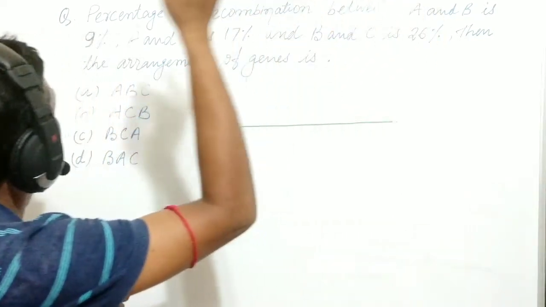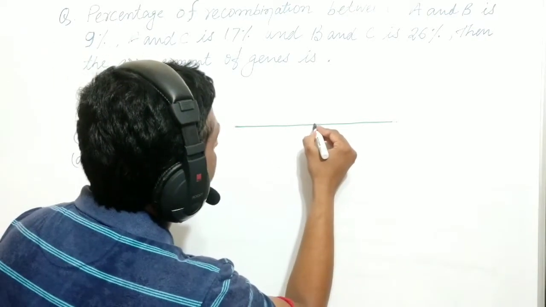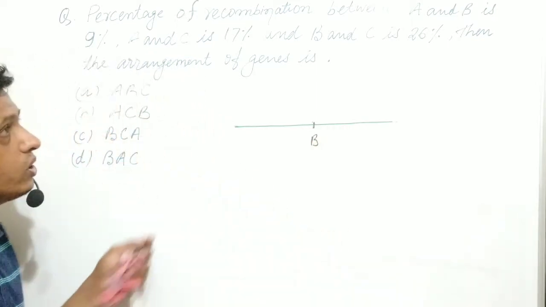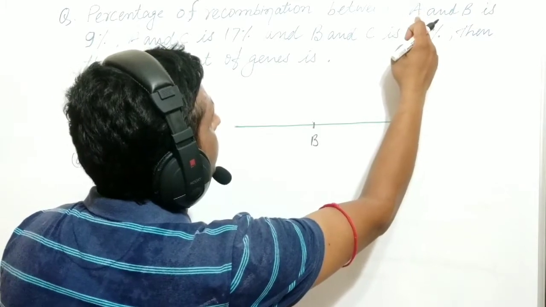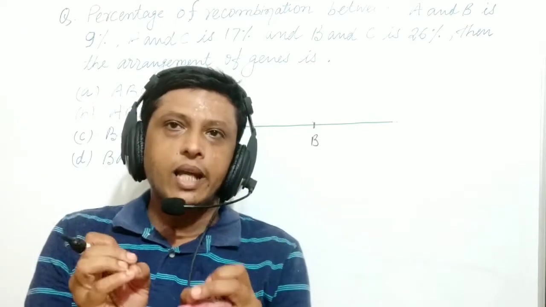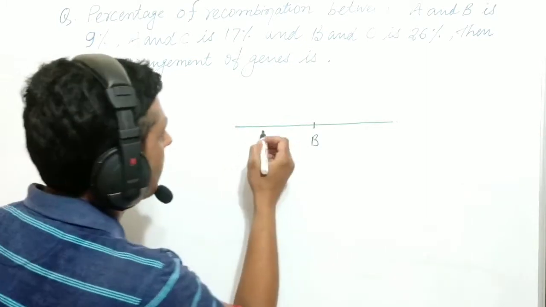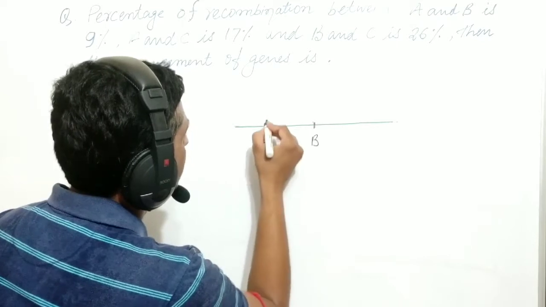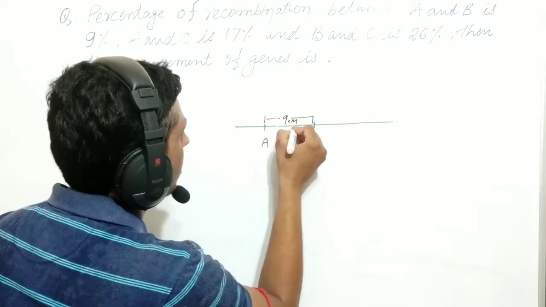We have three genes, A, B, and C. Let us put B first of all. Suppose the B gene is here. Now you see the frequency of recombination between A and B is 9%. That means A and B genes are 9 map units apart. Suppose A is here, so this is 9 centimorgan or 9 map units.